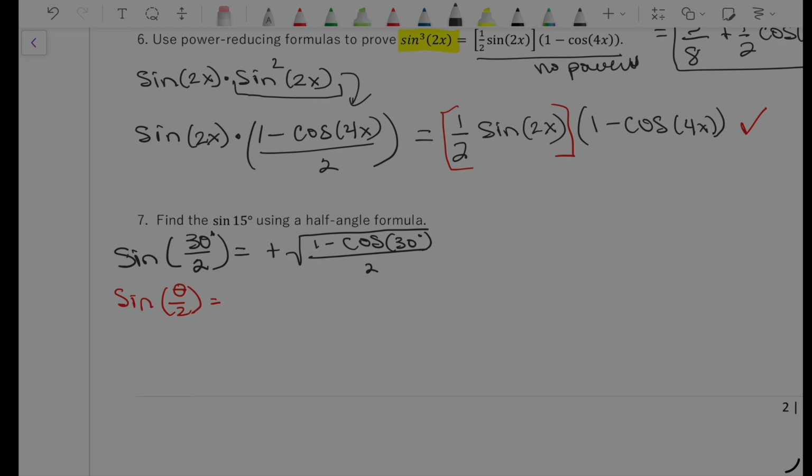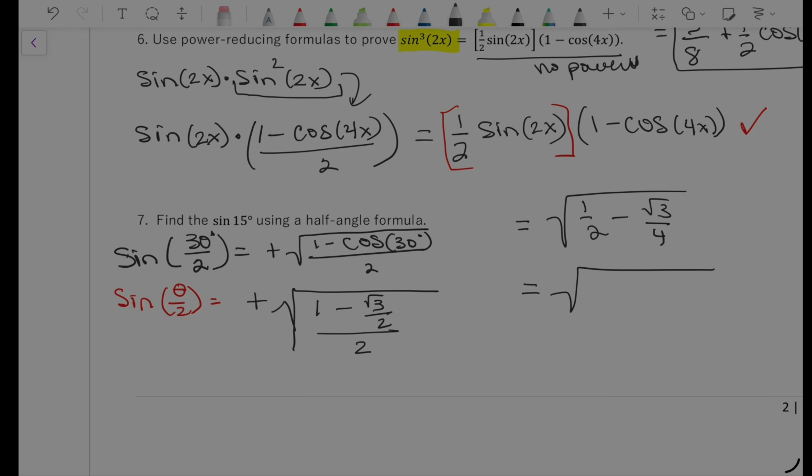And now it's just clean up. Cosine of 30 degrees is root 3 over 2. Separately, we have 2 minus the square root of 3, square root at the bottom, and simplify.